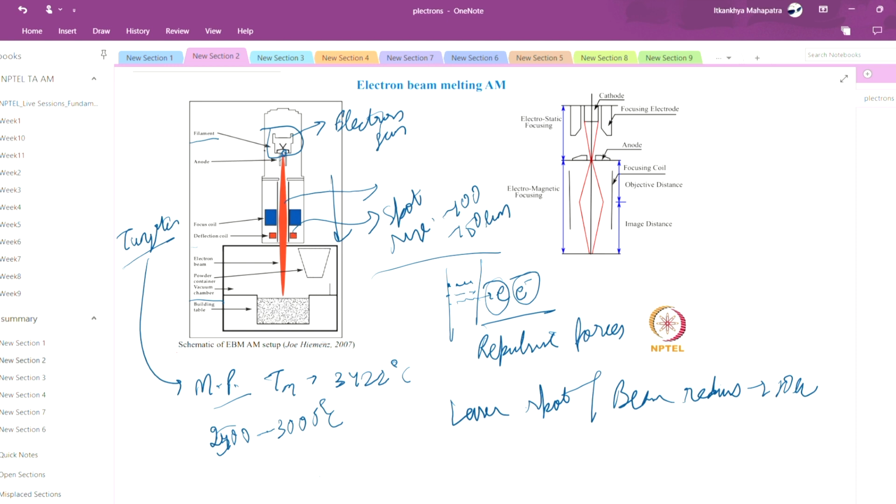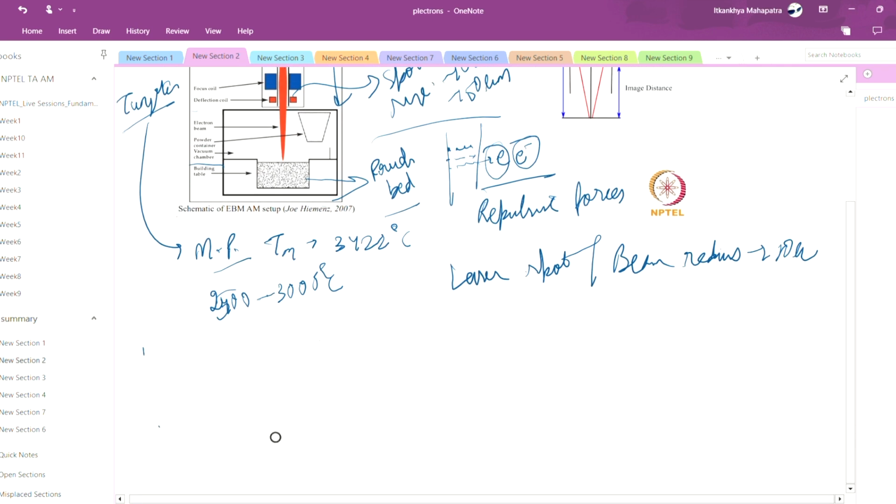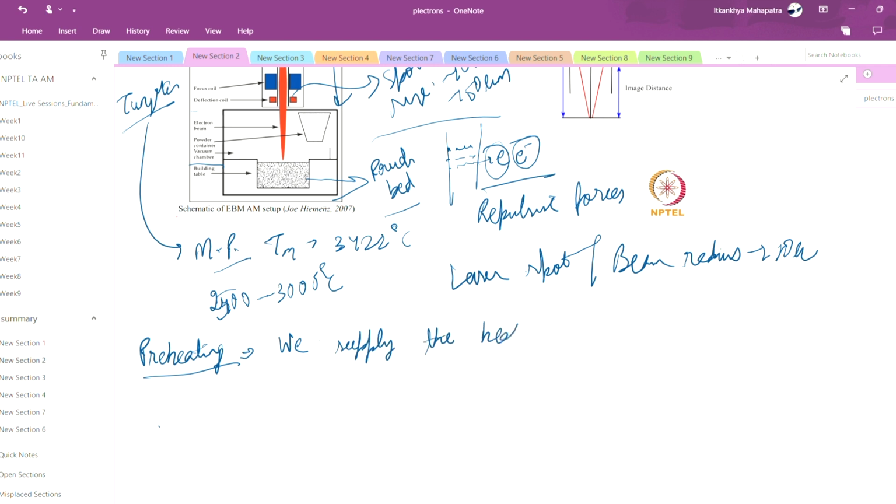Now here we have a powder container and we are using preheating. This is your powder bed. In preheating, we supply the heat in two steps. First, we use a low power density electron beam.